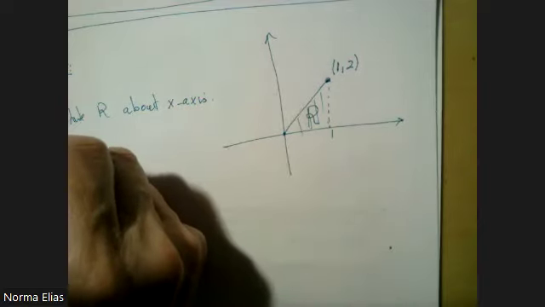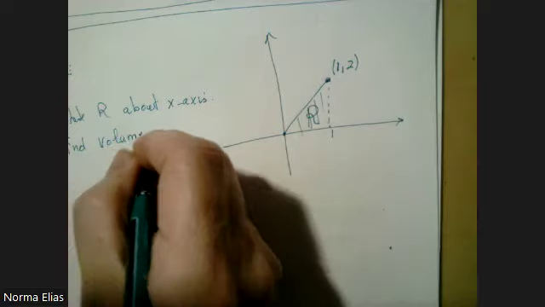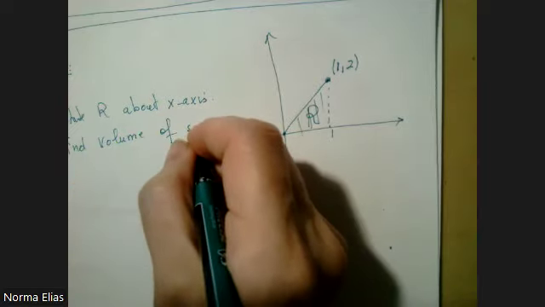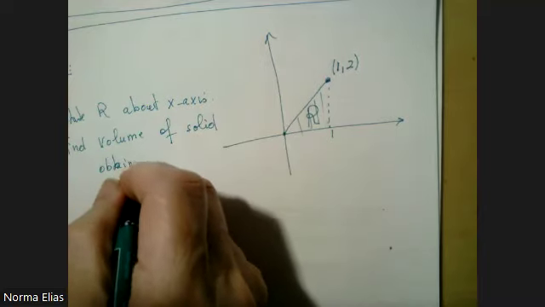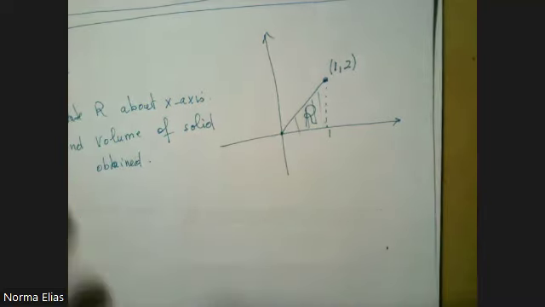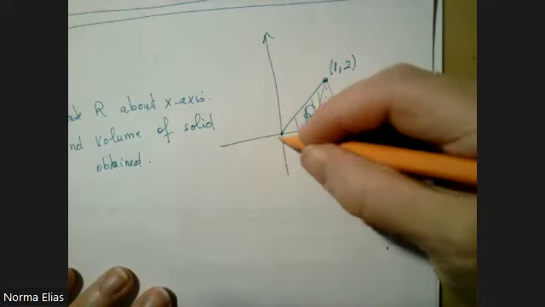Find the volume of the solid obtained. That's the plan. So as we know, when we rotate this, we're going to get a cone.